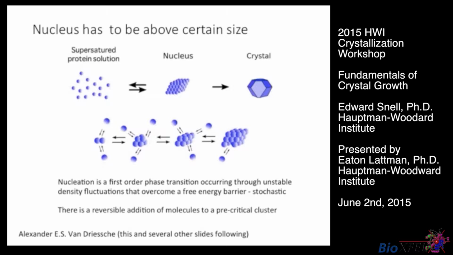Nucleation is a first-order phase transition. It comes from density fluctuations, then overcomes a free energy barrier. The barrier has many terms in it, including that it's very expensive to have surface, you have no volume, and there are entropy effects that are quite expensive when you have to order everything pulling out of solution.